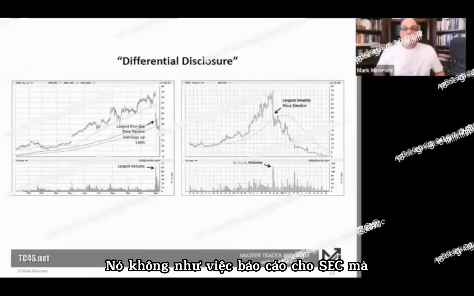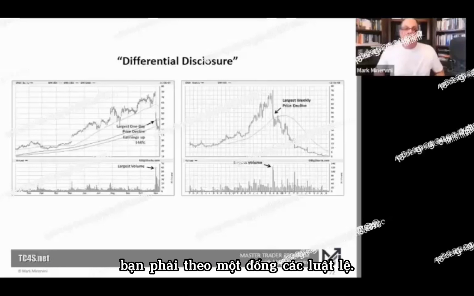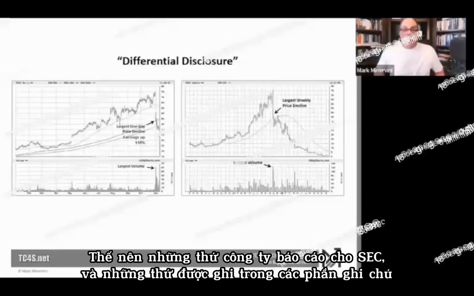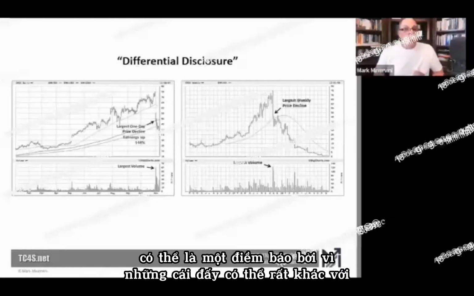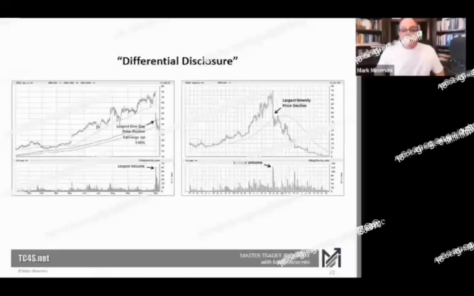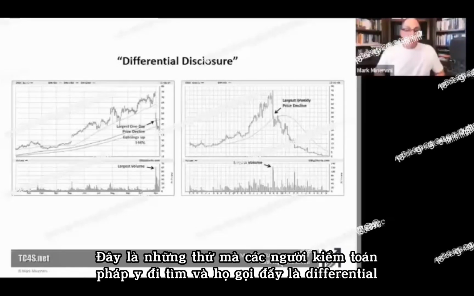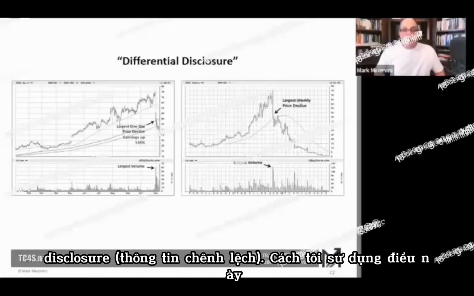There are no SEC guidelines for that, but when you report to the SEC, you have very specific rules and guidelines. So what you say to the SEC and what you put in your footnotes could be a telltale sign, because sometimes they're very different from the things that they report to shareholders. So this is what forensic accountants look for, and they call it differential disclosure.